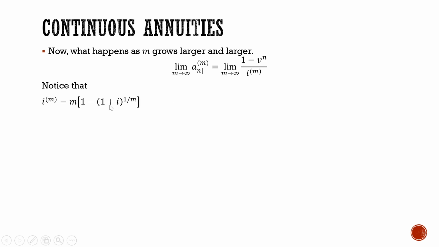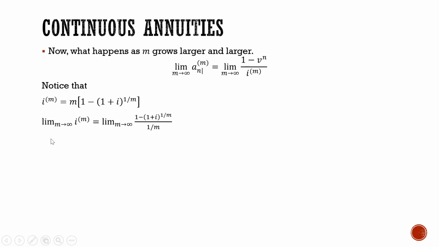We notice that from the first lesson, measurement of interest, i to the top script m is m times (1 plus i to the 1 over m, minus 1). So we are going to substitute this into the formula. We consider the denominator first.